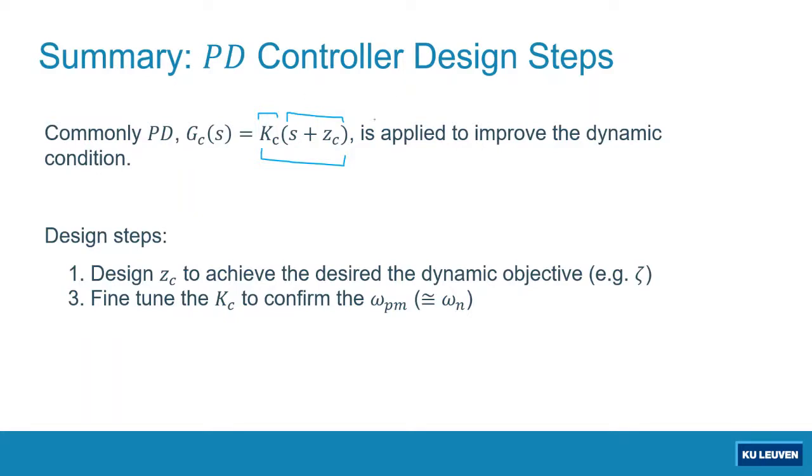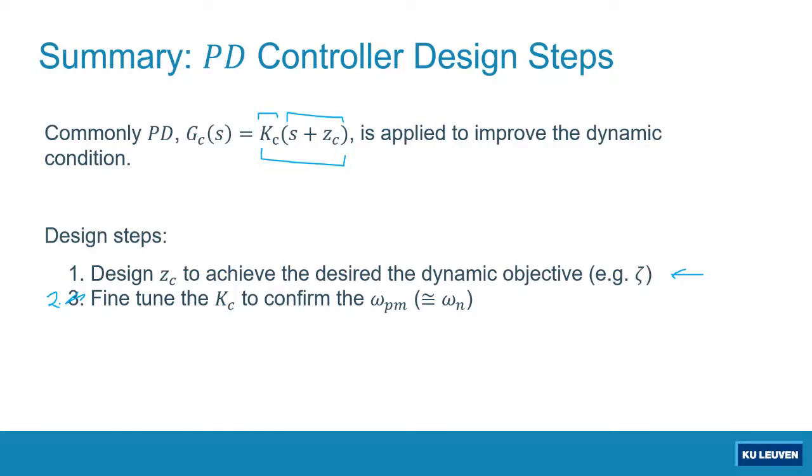Basically, you have to design ZC to achieve the desired dynamic objective, for example, when you want to achieve the desired damping ratio zeta. And the second step, we just have to fine tune the gain of our PD controller based on the desired goal, by adjusting the magnitude value at the desired phase margin frequency.